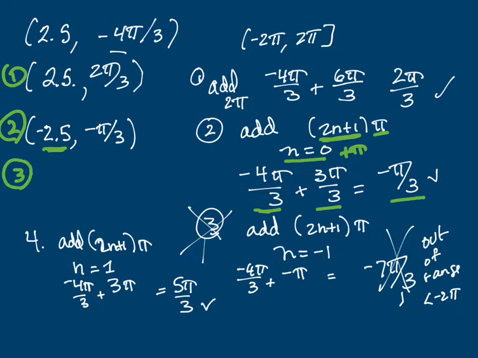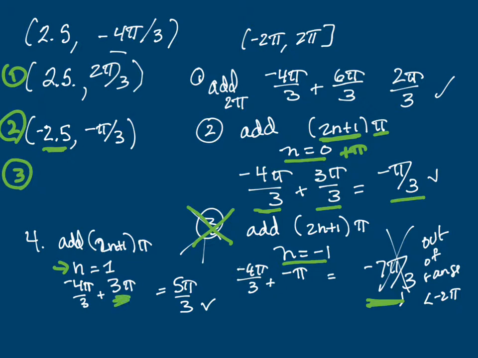And so number 3, I decided to let n equal negative 1. And so when I added that, I had negative 7 pi over 3. However, that is less than negative 2 pi, right? Because negative 6 pi over 3 would be negative 2 pi. So this one doesn't work. I went too far. So I decided to make n equal positive 1.